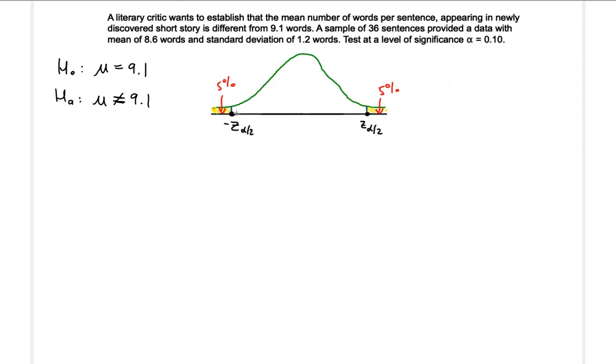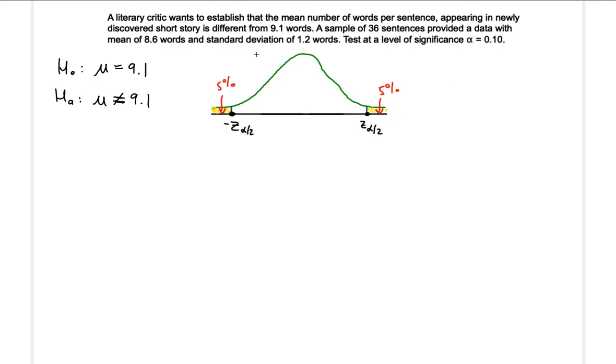The rejection region starts at a certain negative z-value and below, or a certain positive z-value and above. So we have to get an observed z statistic from the given information.